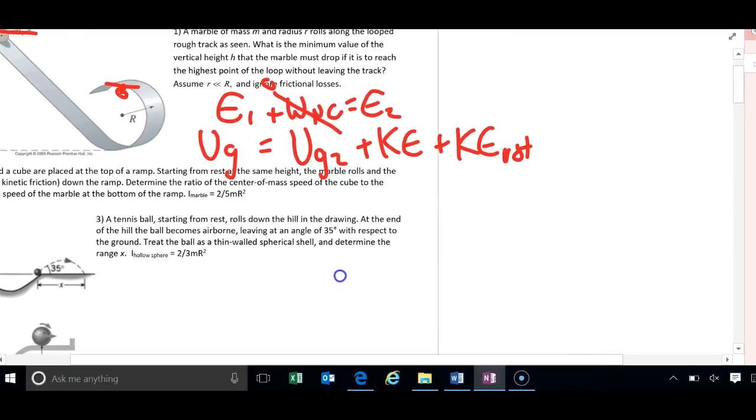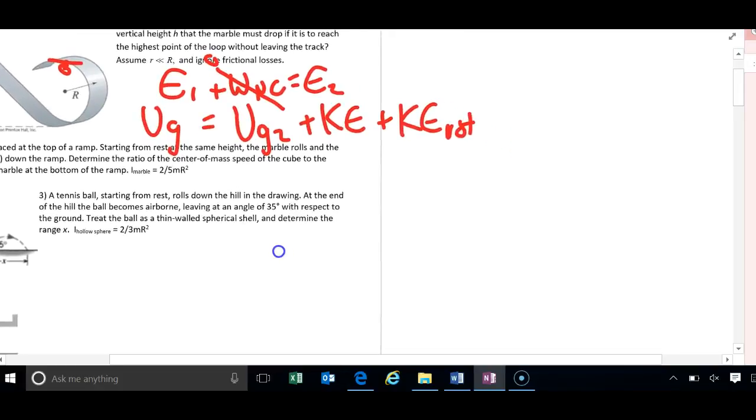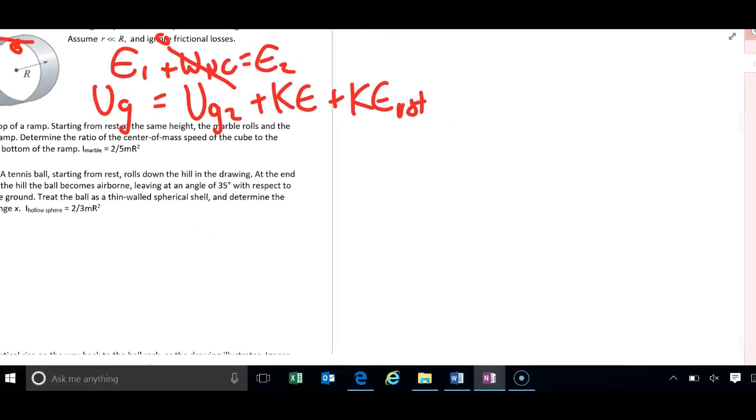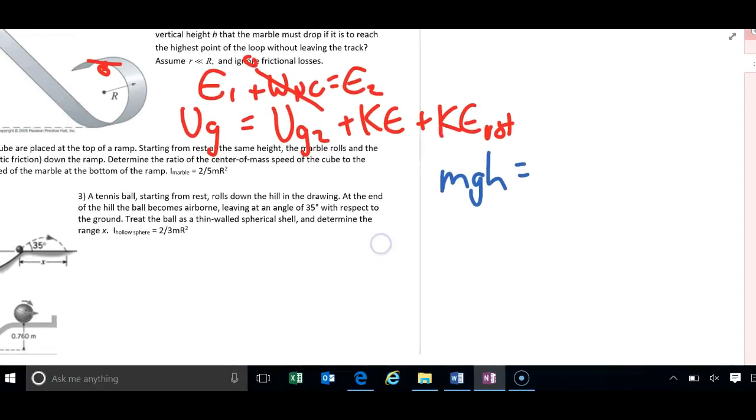So now I've got to go through and try to solve this. Let's plug in our equations. I know U_G is mgh. U_G at the second location, which we have right here, is mgh, but the answer wants it in terms of r, so this height is the diameter, which is mg(2r).